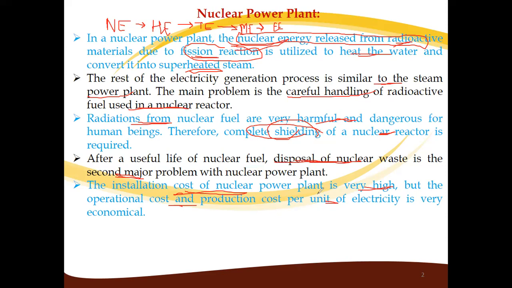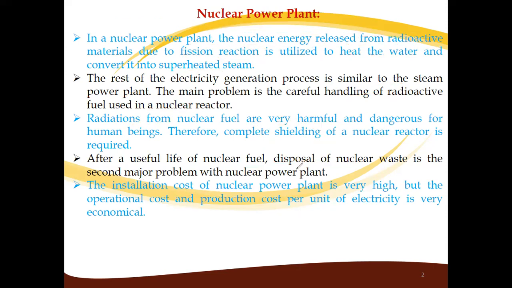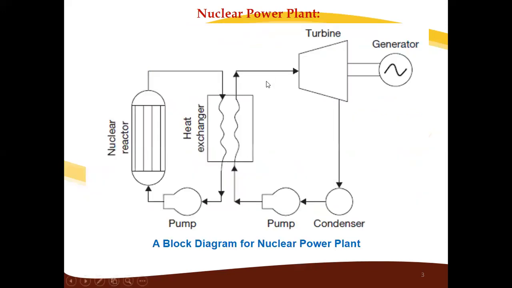So I have this diagram, or layout, of the nuclear power plant. The only difference from the steam power plant is that in the steam power plant there is a boiler. Now the boiler is replaced by this nuclear reactor and heat exchanger part.